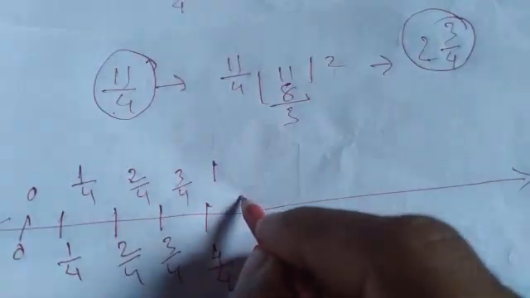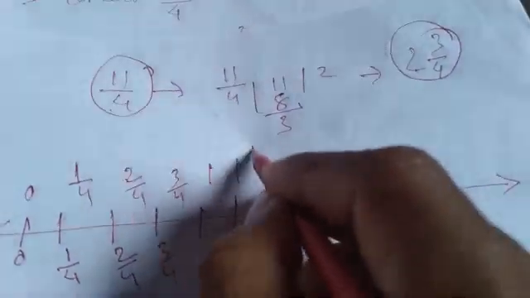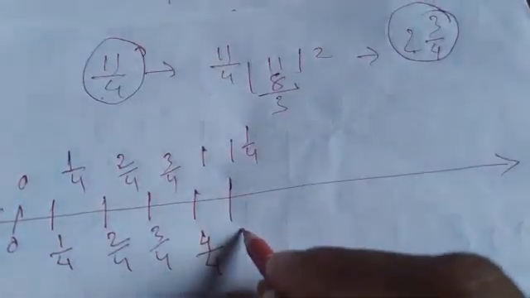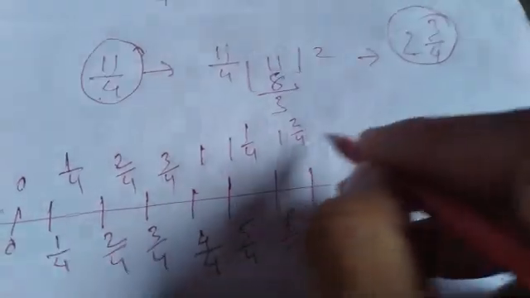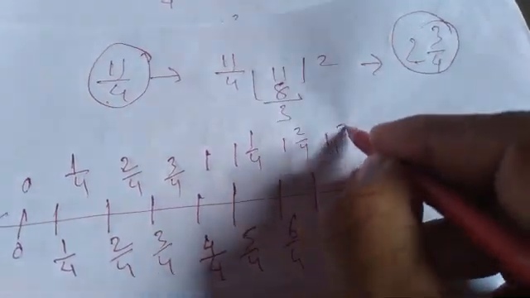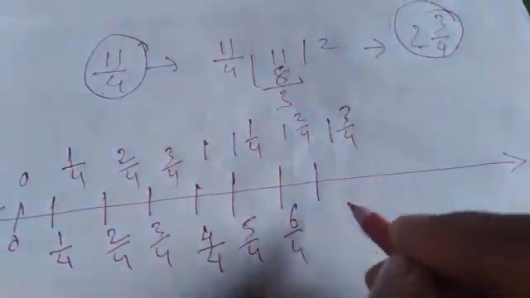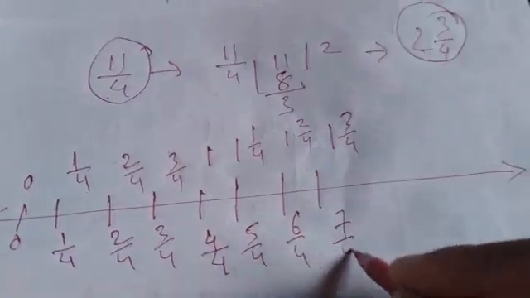Then we'll do 1 1 by 4, which becomes 5 by 4. 1 2 by 4 becomes 6 by 4. 1 3 by 4 becomes 7 by 4.